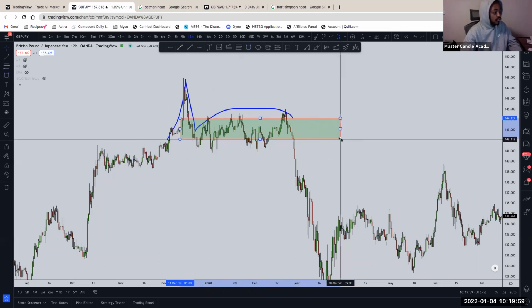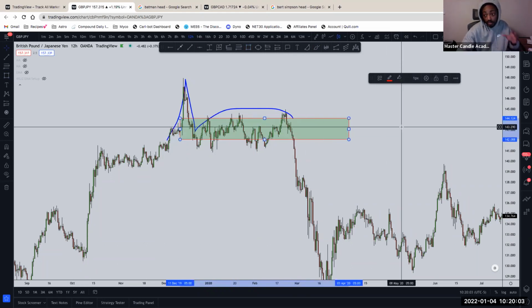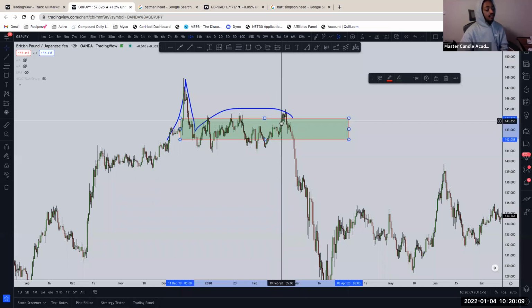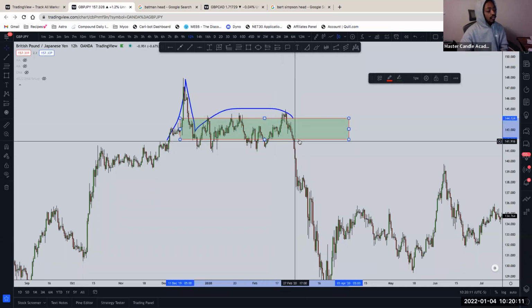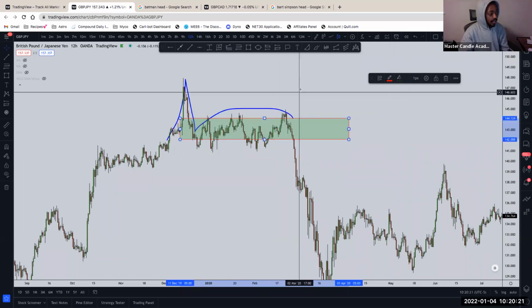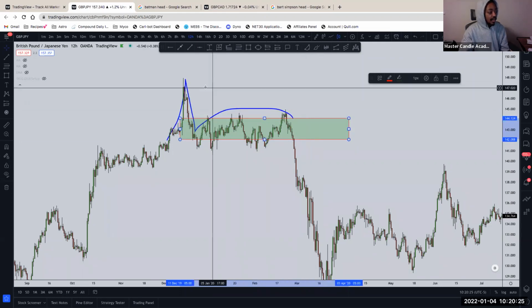I don't want you to do anything but box up where you think the support and resistance of the consolidation is. From there, if you notice price closes below your zone, take the trade. Simple as that.